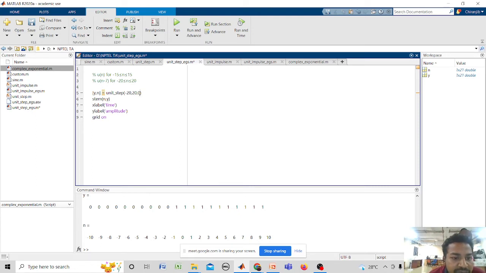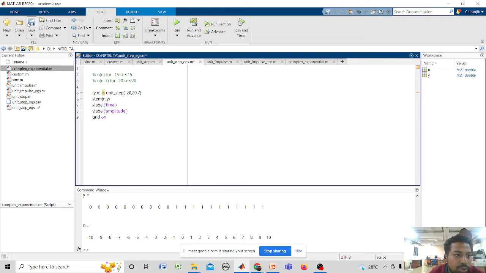So the third variable, that is c, will be 7 here. Okay, and obviously we want discrete points, so we write stem and then we write the variable name, that is we write x label as time, y label as amplitude, and obviously we want grid to be on in the graph for better visualization purposes.